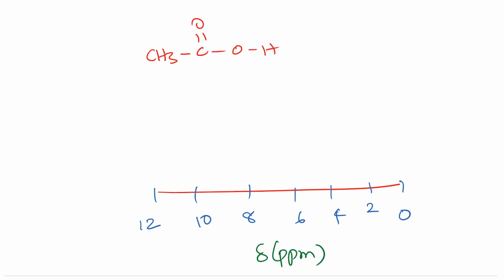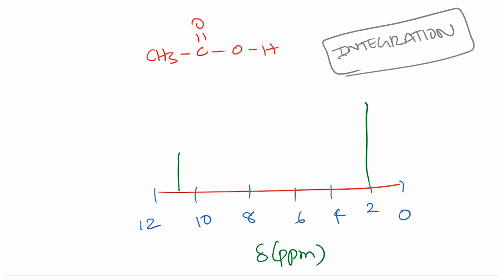Let us say we record the NMR spectrum of acetic acid. Now, you see a nice peak at 2 chemical shift, and then you see another peak somewhere between 10 and 11 ppm. When we integrate these peaks, as I mentioned, integration is a mathematical analysis done on the peak, and it gives you a value; here we are going to look at the height of the peak.